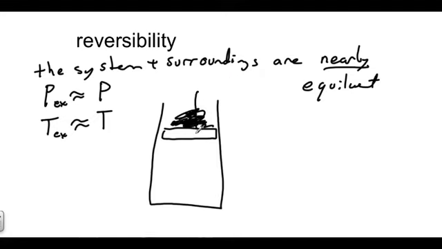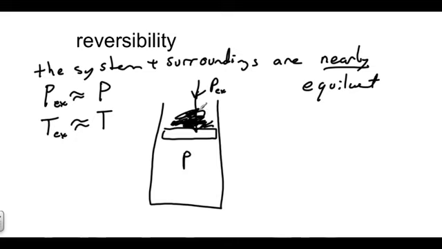So it's being pushed down by the weight of that sand. And the internal pressure, the pressure of the system, is just P. So here, pushing down on the piston is P external, which is caused by the weight of that sand, and P is the pressure in the cylinder. Now, the piston's not moving because those two numbers are approximately equal. Or they're actually equal.